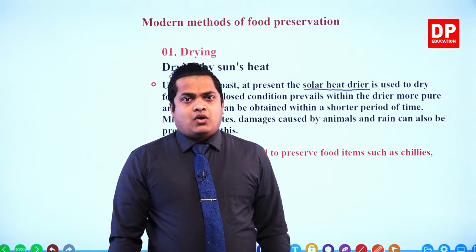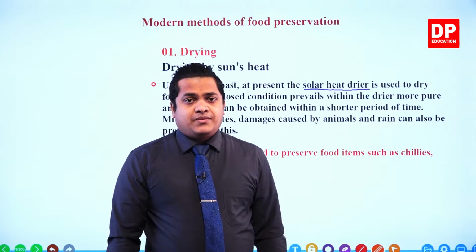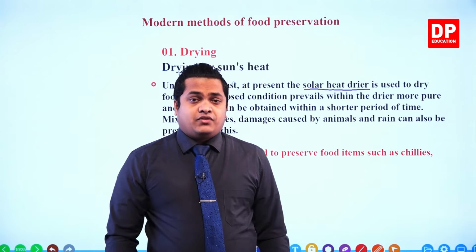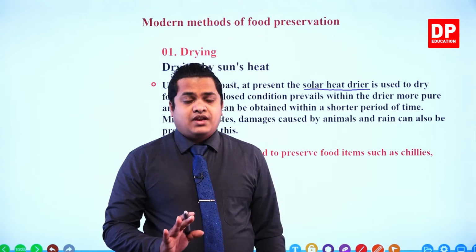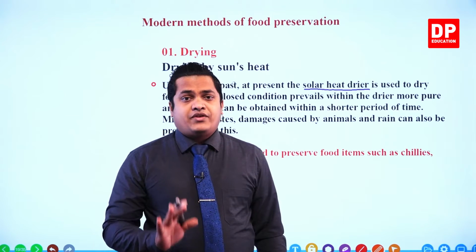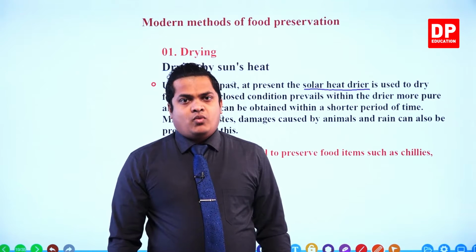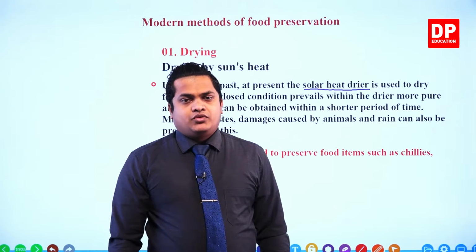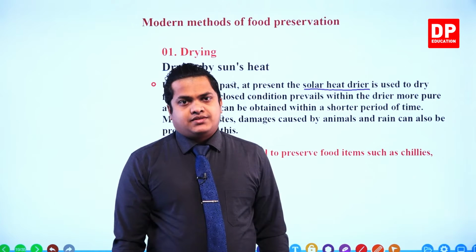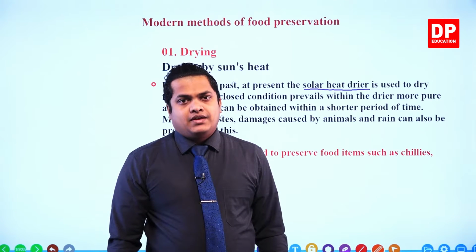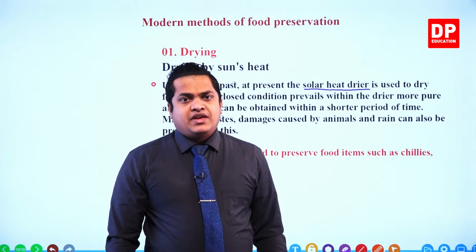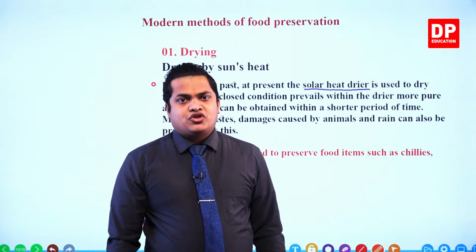You have to keep them for a week or two to dry chilies. However, if you use the solar dryer, you can do it within days. So it will make your work much more efficient.